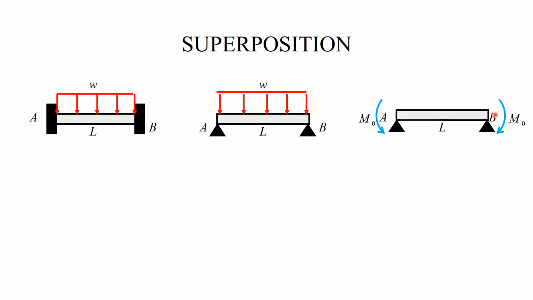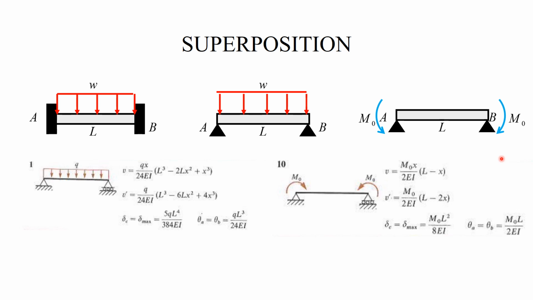And now what I can claim is the following, that the angle induced by the distributed load plus the angle induced by the pair of moments, the angle either at A or B, must be equal to 0.